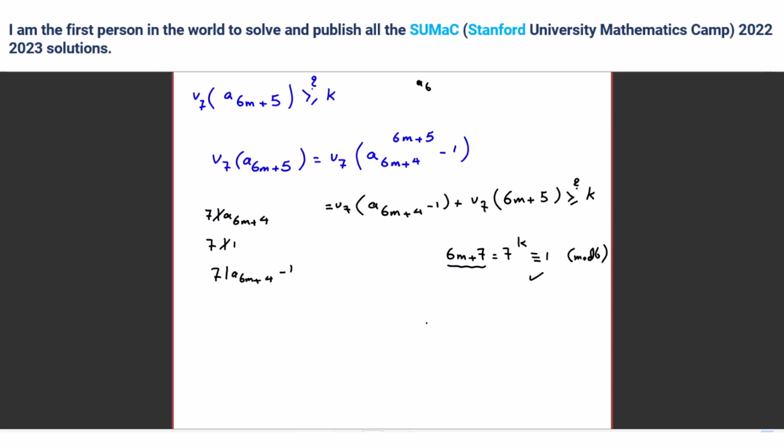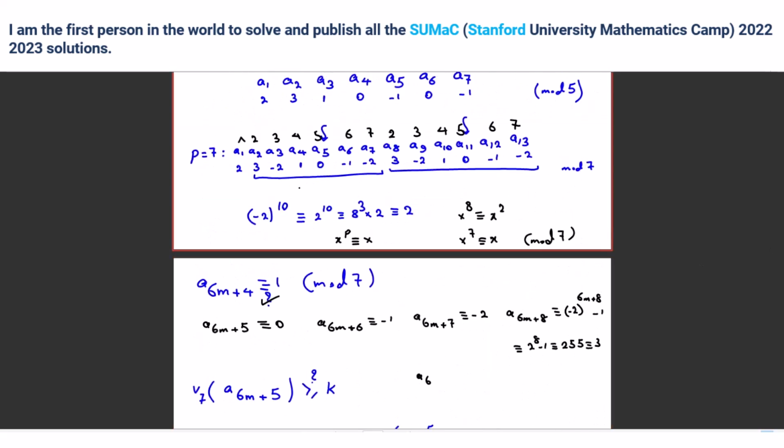Yeah. Okay, or you can say m is, for example, 7 to the k minus 7 over 6. We know it's mod plus 6, right? Yes. And for k at least 2. For k equal to 1 we know that, for example, this one works, a5.